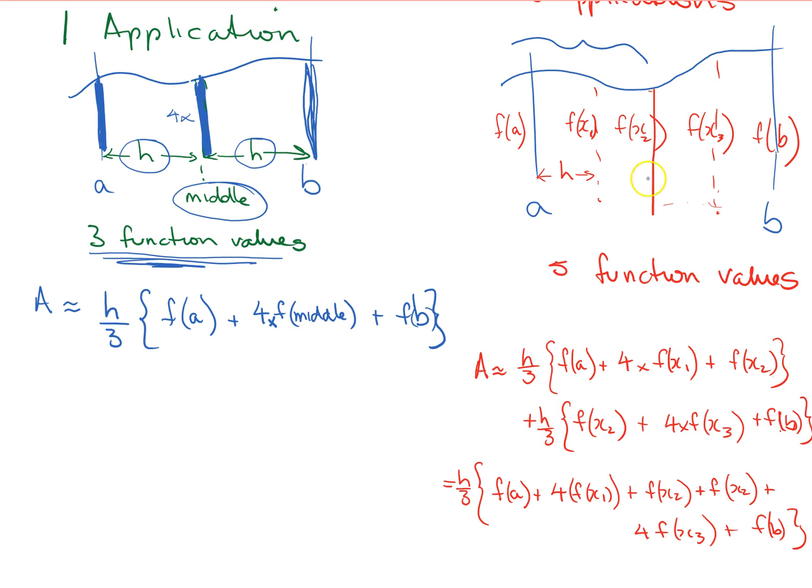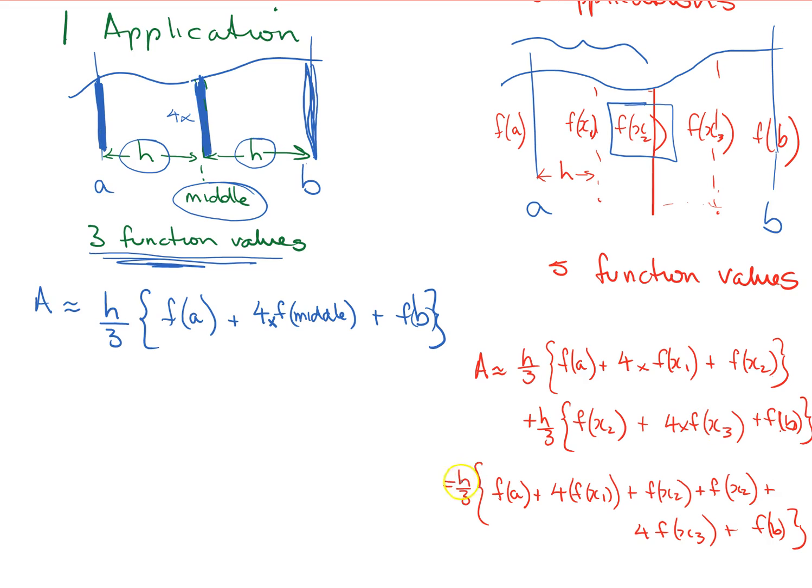And the second application, now I'm doubling up on this function at x2. I'm using that value again. Then it's 4 times the middle function, which I've called function x3, and f of b.